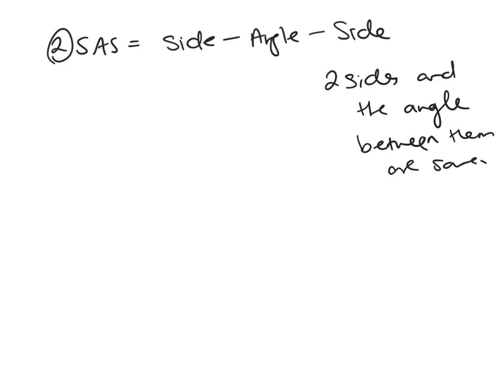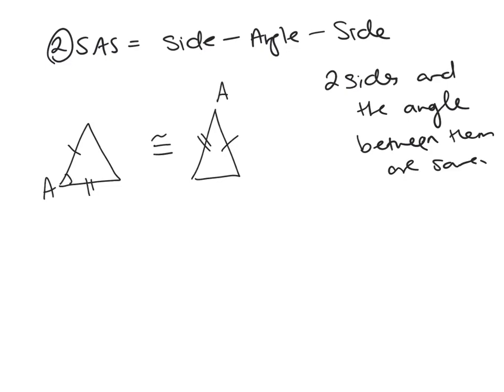Let's compare two triangles. I could say that these two triangles are congruent because I have the side, the angle between, and the other side that are the same.